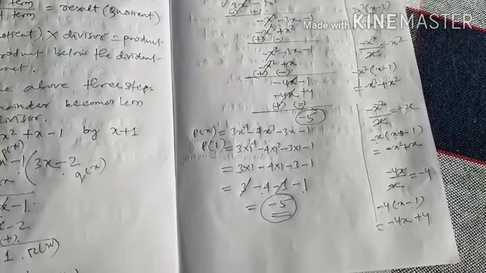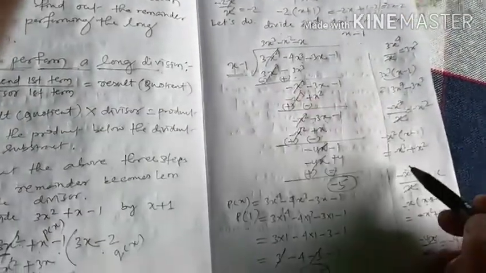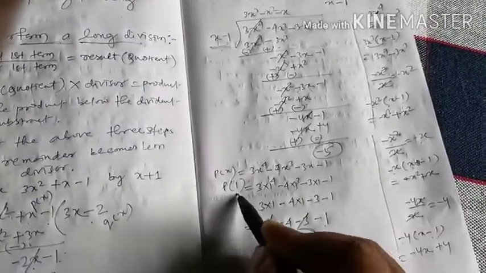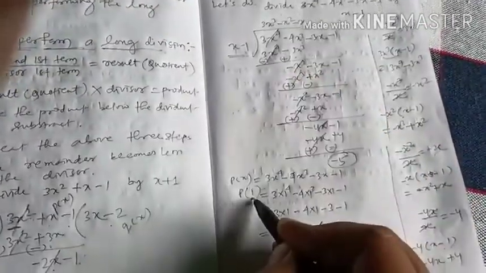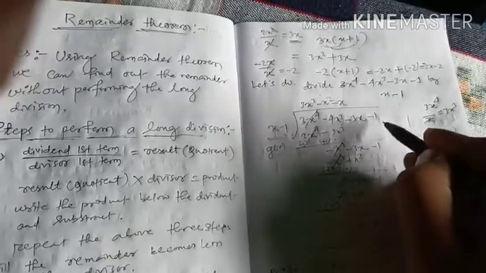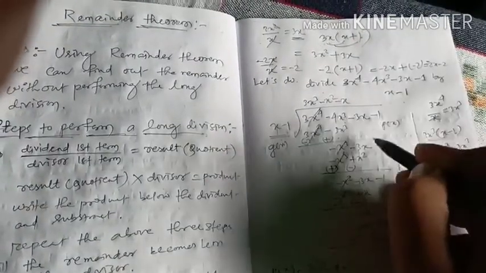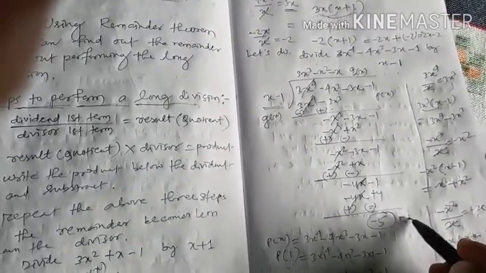So how can this be possible? Just look here. Here the divisor is x minus 1, and we will find p of 1. So in place of minus 1 we will find 1. So we can write it as, you know that the divisor can be written as g of x, the dividend can be written as p of x, the quotient q of x, and the remainder r of x.